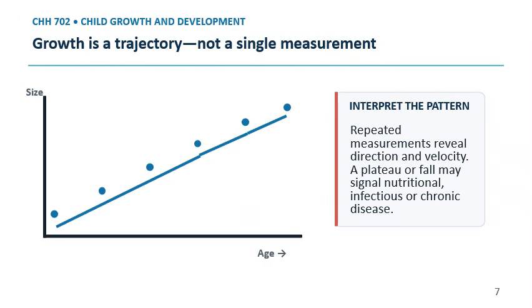Once confirmed, we then interpret the trajectory alongside the clinical history, examination findings, diet, development, and the child's environment. Growth monitoring is therefore not simply a weighing and recording exercise. It is measurement linked to interpretation and action.